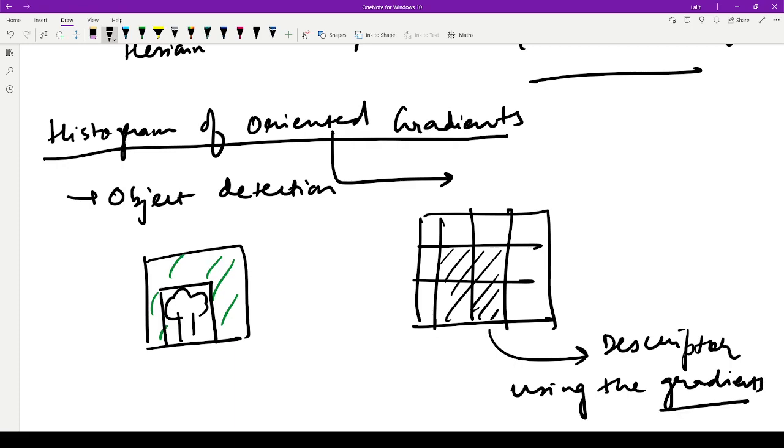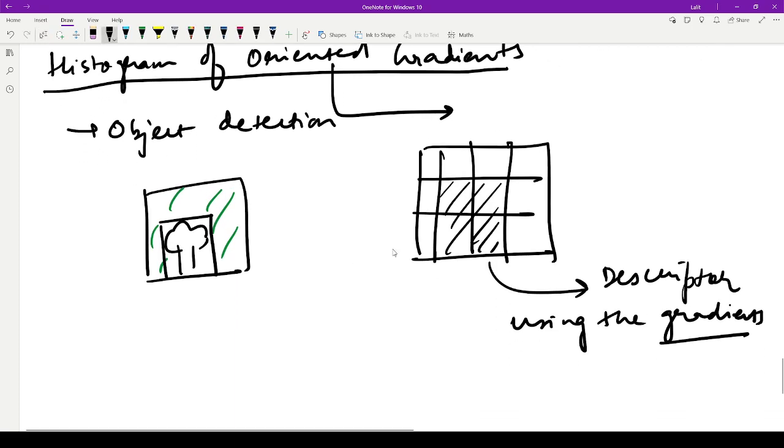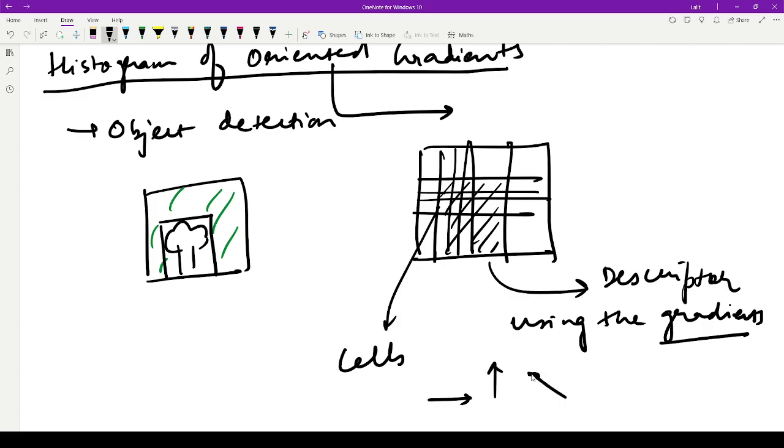You can do a specific quantization, and divide the image. Your actual image might be even finer, but you're dividing it into cells. Each of them is a cell, and each cell contains a bunch of pixels. Using those pixels, for each pixel you might have gradients like this.